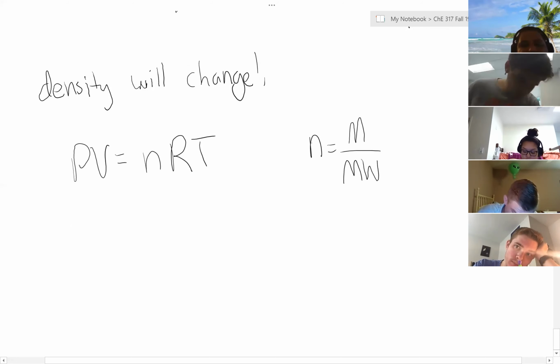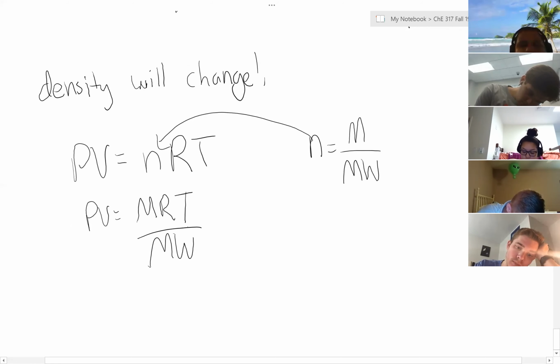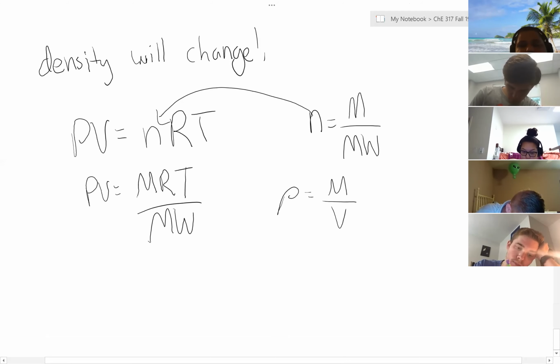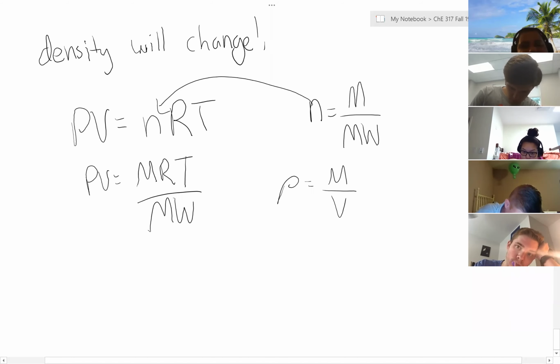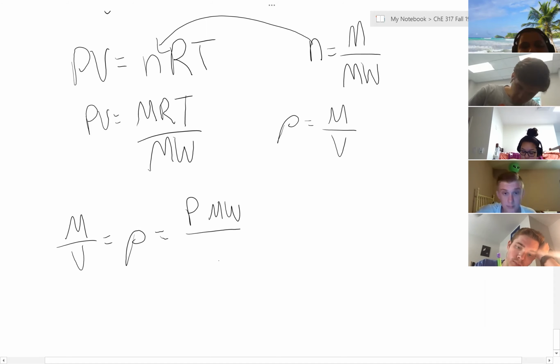So I can rewrite this as PV is equal to mRT over MW. And density is just mass over volume. So with these two things in mind, mass over volume, which is density, is equal to P times molecular weight over RT.